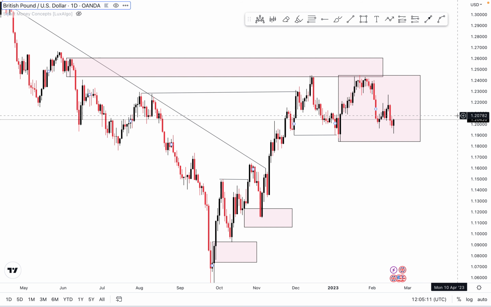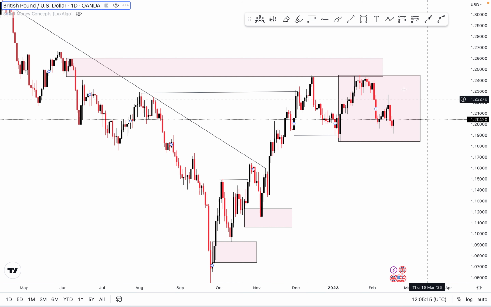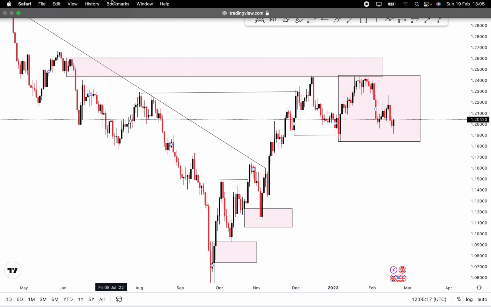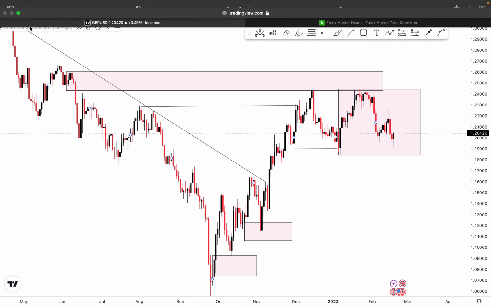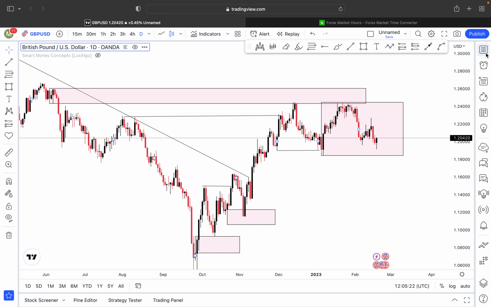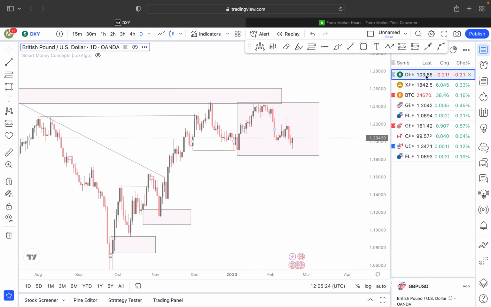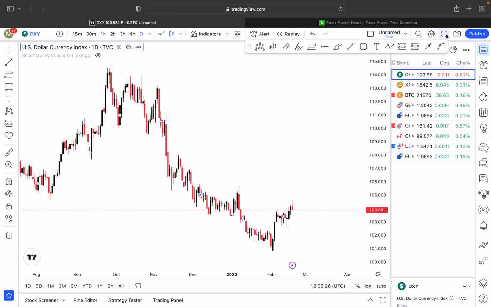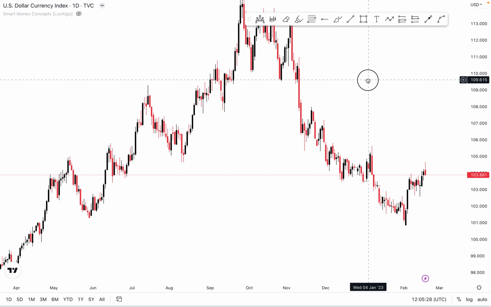Now, before trying to look at GU, you need to first of all look at the dollar index. What is happening in the dollar index on a daily time frame too? So I go to the dollar index. What am I seeing on the dollar index?